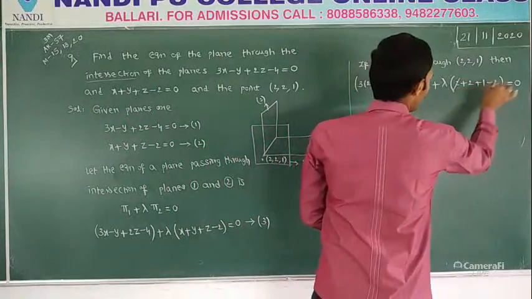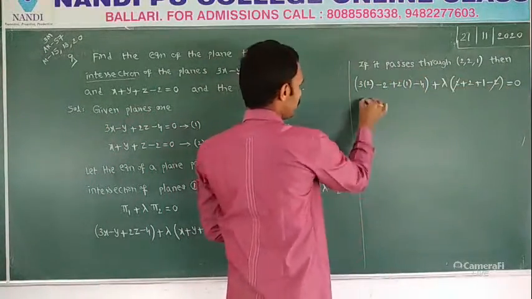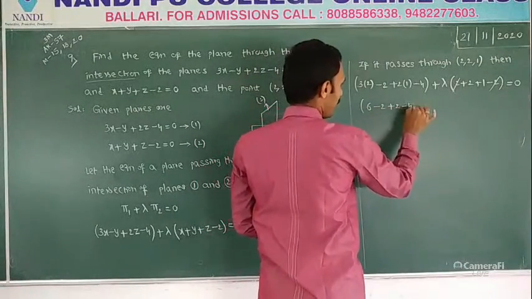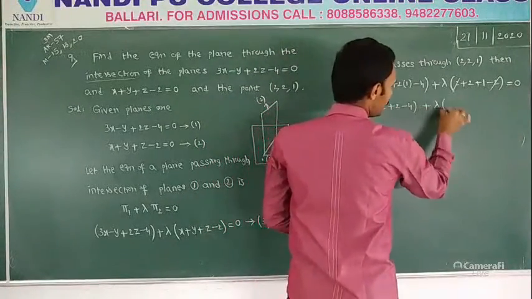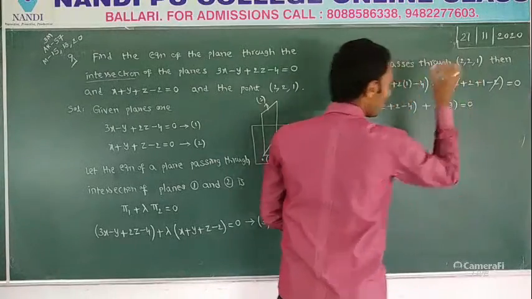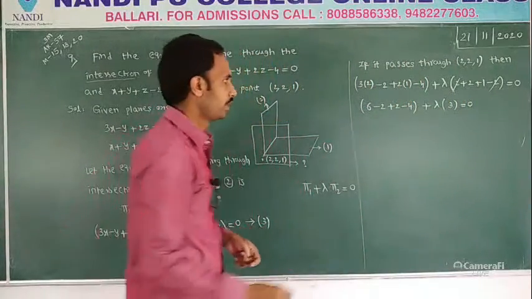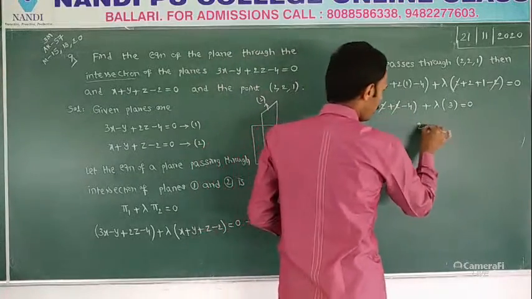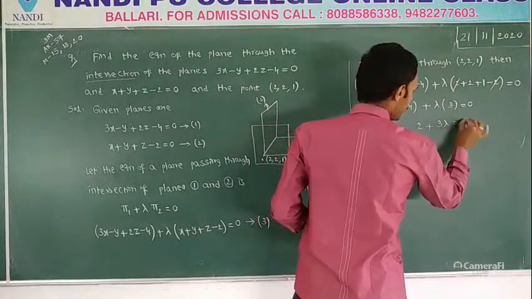Here plus 2 minus 2 cancel. 6 minus 2 plus 2 minus 4 plus lambda into 3 is equal to 0. Here minus 2 plus 2 cancel. 6 minus 4 is 2, plus 3 lambda is equal to 0.